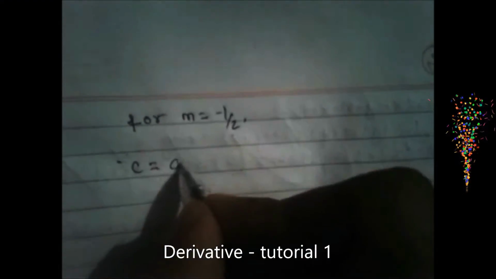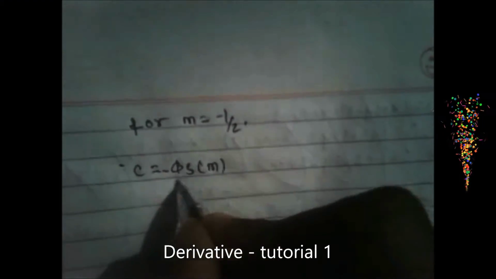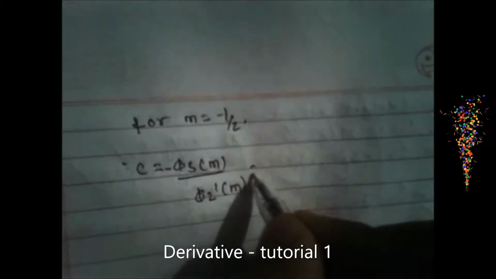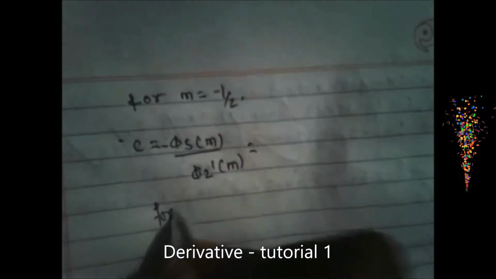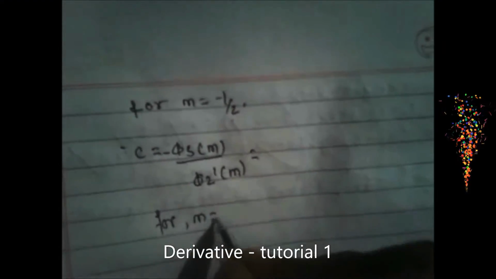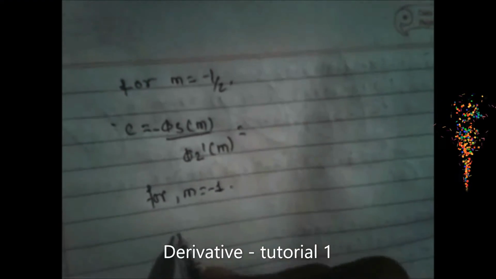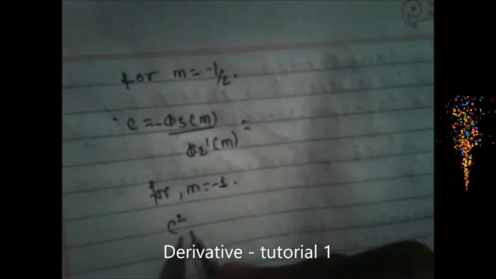c is equal to phi 3 minus of phi 3 m upon phi 2 dash m. This is for different, and for m is equal to minus 1, there were 2 minus 1 as you can see previously, so we use the same for this.